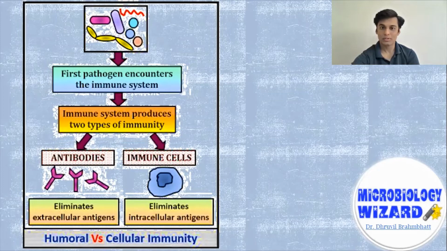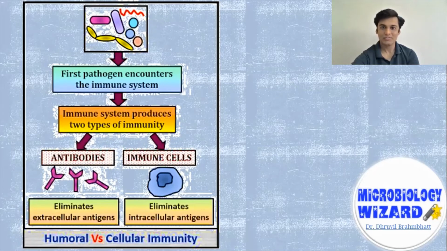The most important thing is that antibodies eliminate the extracellular antigens or pathogens that circulate in the circulatory system, whereas some immune cells engage to eliminate the intracellular antigens. So the immune system works in two ways. The antibody-mediated immunity forms the humoral type of immunity, whereas the immune cell-mediated immunity forms the cellular immunity.